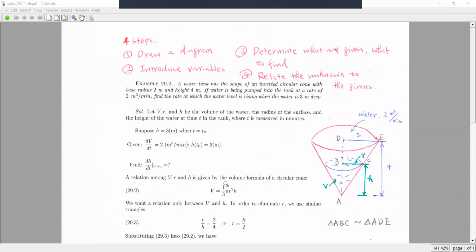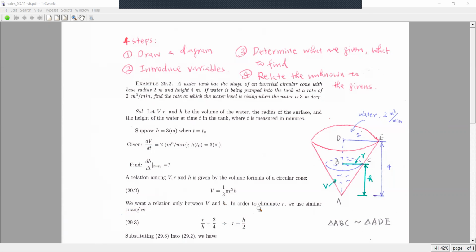This equation is the volume formula of a circular cone. But it is a relation about V, R, and H. We want a relation only between V and H, so we want to eliminate R from this equation.